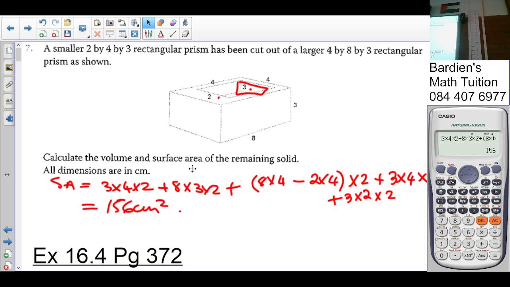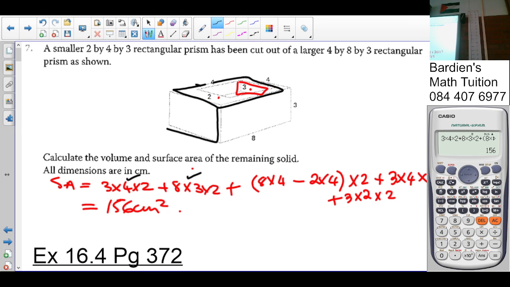Okay, we just check. This 3 times 4 times 2, that they got. This is going to be 3 by 4 by 2. Yes. This here is going to be 8 by 4 minus 2 by 4 times 2, yes.